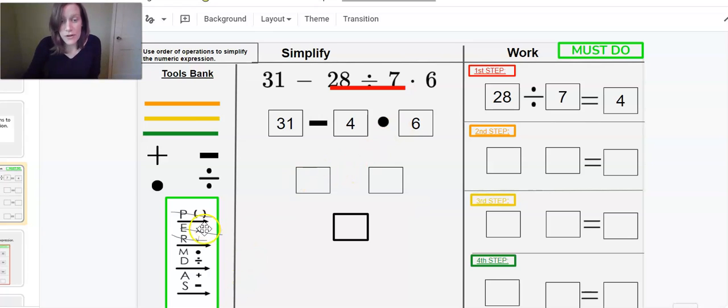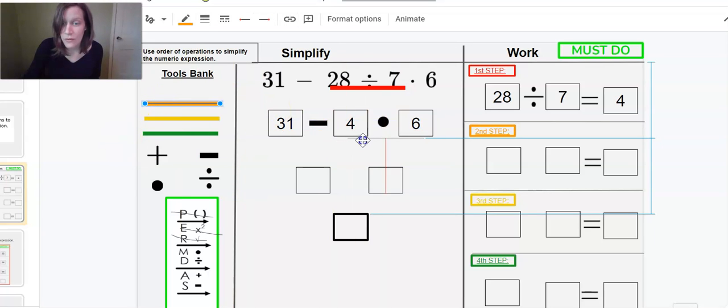Then I come back over here to my order of operations. And I say to myself, okay, I know I've done one division. Do I have any more multiplication and division? Yes, I do right here. I have to do multiplication before I do subtraction. So I'm going to bring over my step 2, orange, and I'm going to underline my 4 times 6.